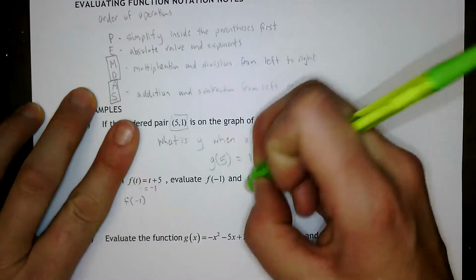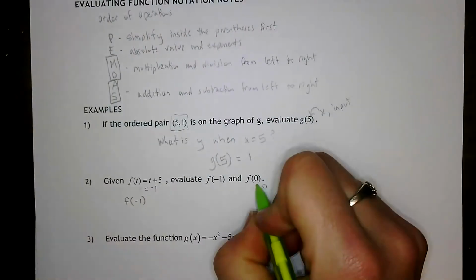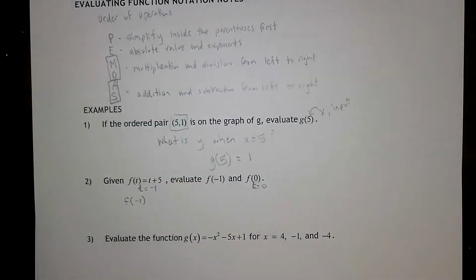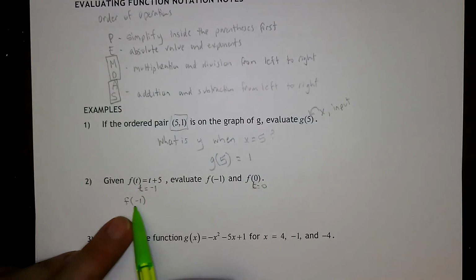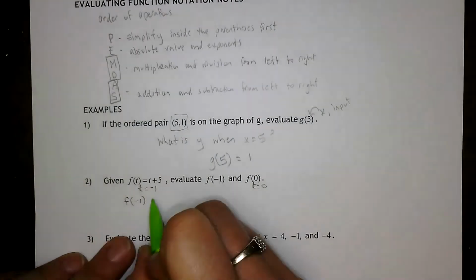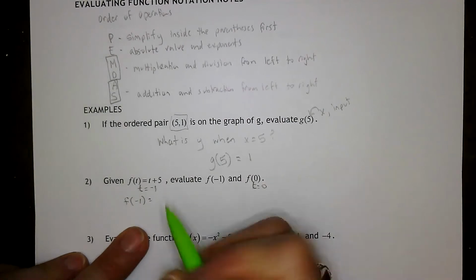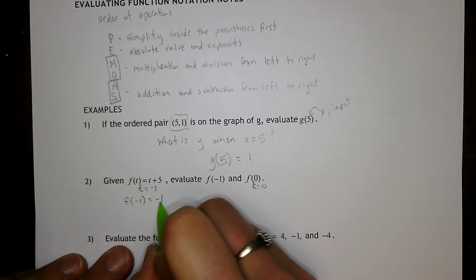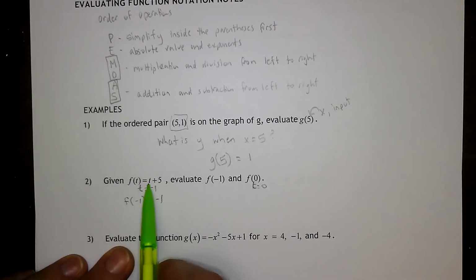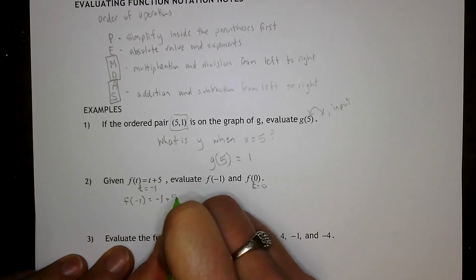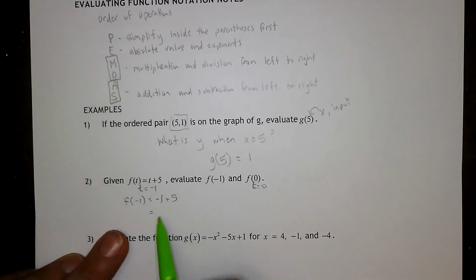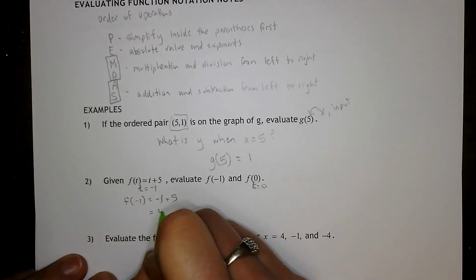It should have been a t. We're going to first evaluate when t is negative 1, which means we're going to substitute negative 1 every time we have a t. Instead of t plus 5, it'll be negative 1 plus 5. And we simplify. Negative 1 plus 5 is 4.